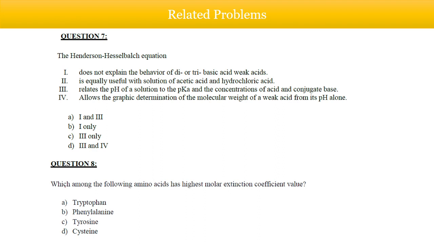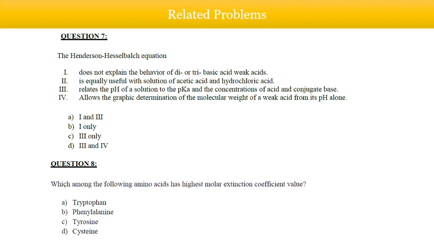Now, the Henderson-Hasselbalch equation does not explain the behavior of di- and tribasic weak acids. It is usually useful with solutions of acetic acid and hydrochloric acid. It relates the pH of a solution to the pK and the concentration of acid and conjugate base, or allows the graphic determination of the molecular weight of a weak acid from its pH alone.